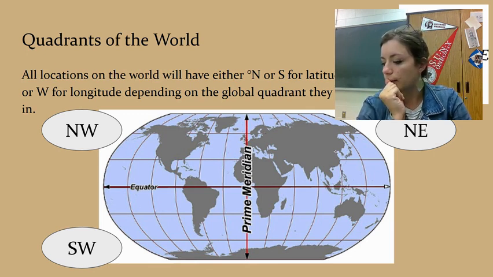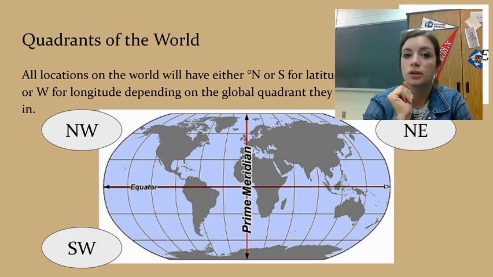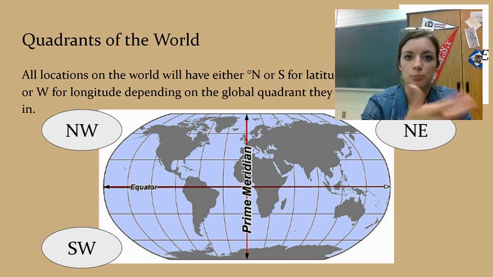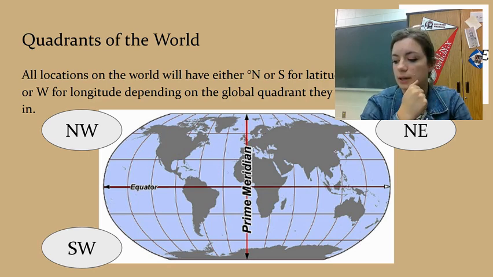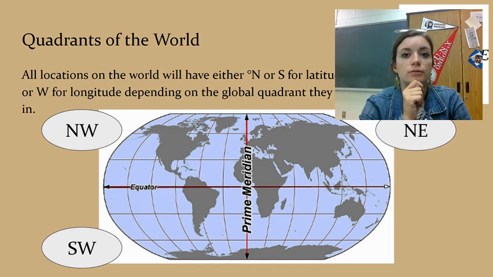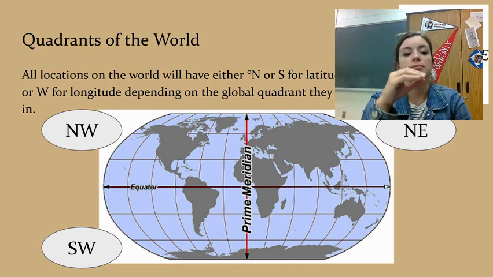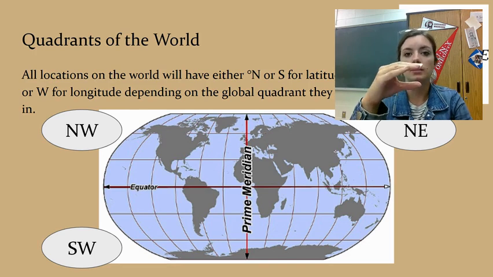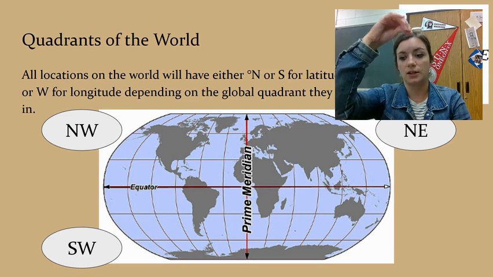I want you to know that latitude and longitude are imaginary lines used to help plot points or describe the location of something. And I want you to know that latitude runs horizontal and longitude runs vertical. I also want you to know that latitude lines are parallel while longitude lines touch at the poles.